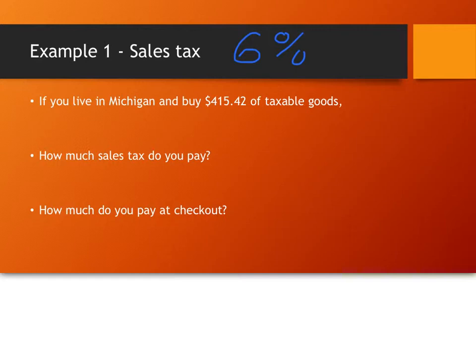Well, in this case, it's a pretty straightforward calculation. Take 0.06, multiply it times your $415.42. Type that into your calculator.